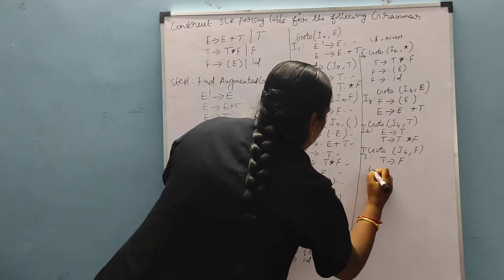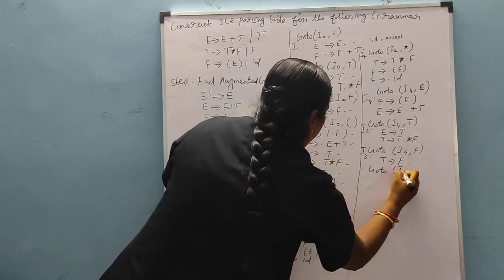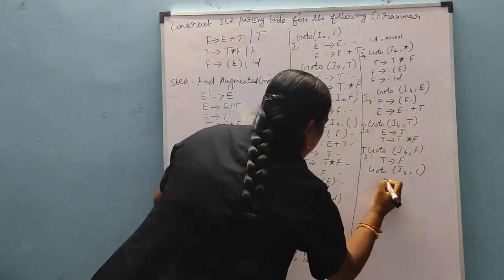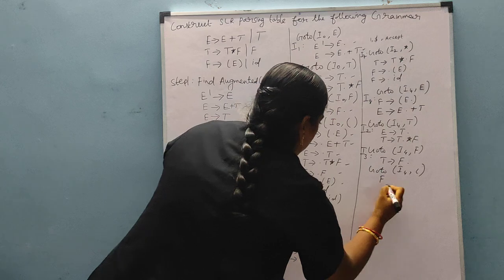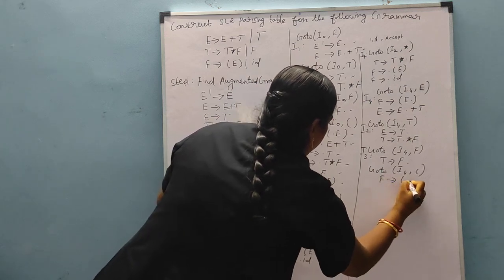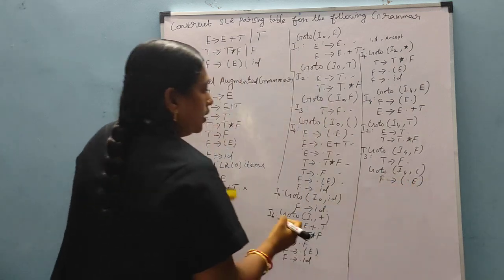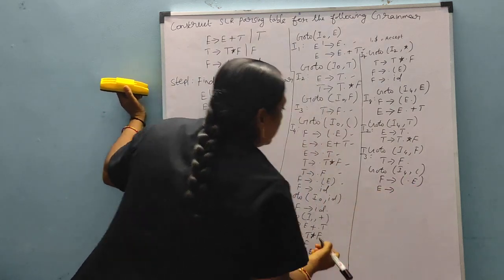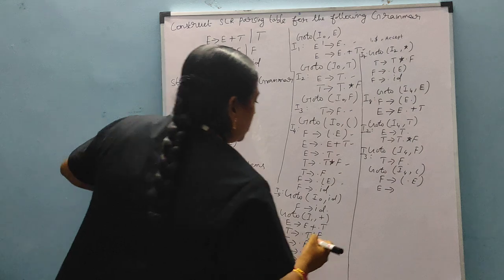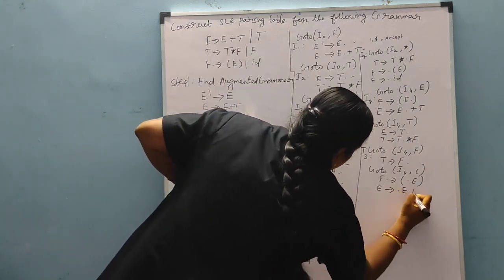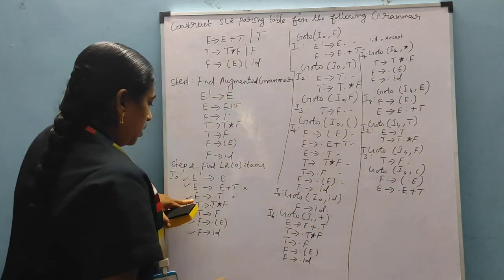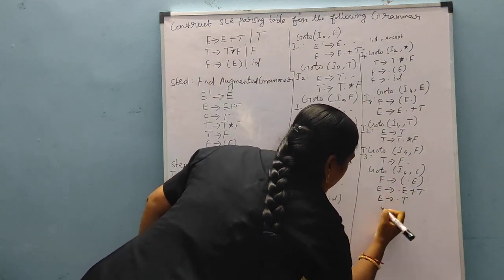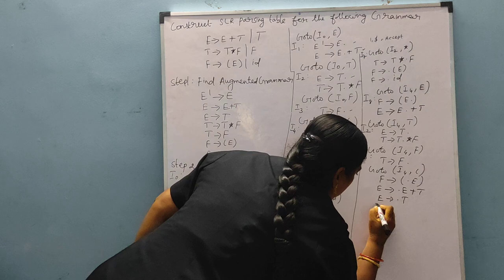Next one, go to I4 comma open bracket. So for this movement, yes, only one. So open bracket dot E, close bracket. After movement non-terminal E is present. So I have to add the E production from the I0 state, dot E plus T. Next this one, E tends to dot T. Then add the T production.